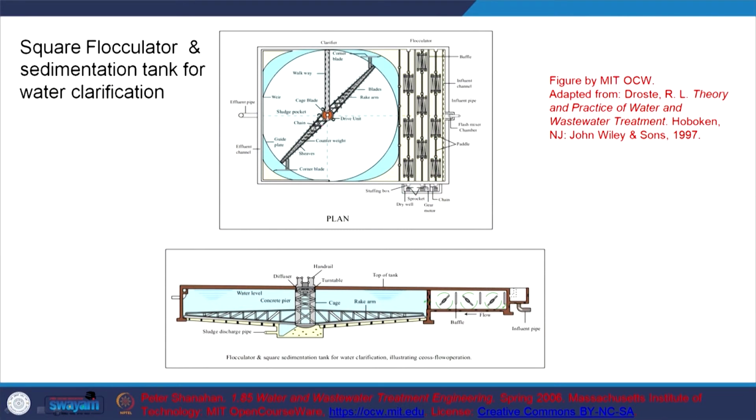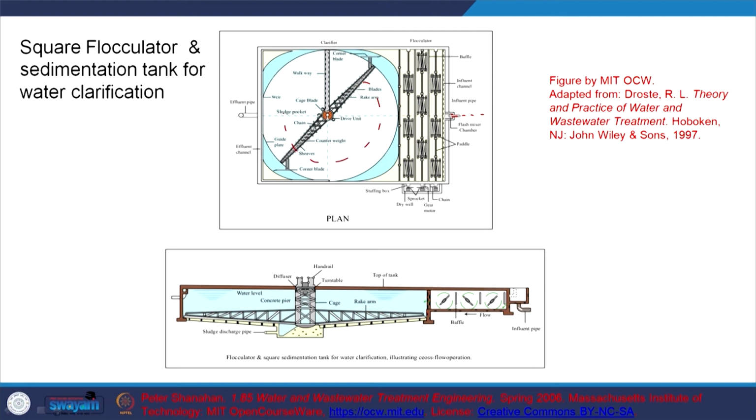Because of the type of scraper, here you have the side view which will give you a better view. Let's understand this. Water is coming in, you have influent channels, and then the paddles, and then you have this sedimentation zone, and this rake arm which is going to rotate like this, right?